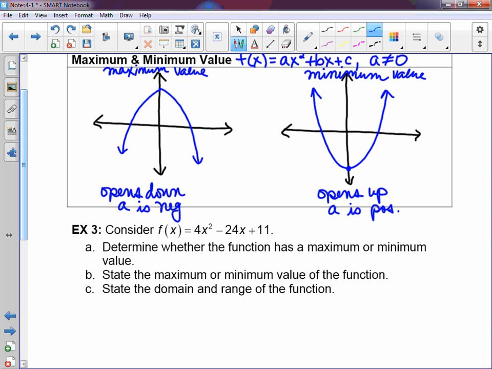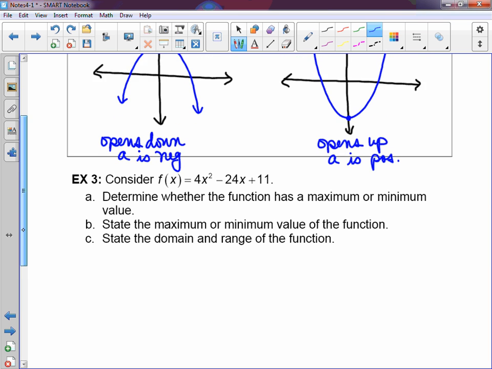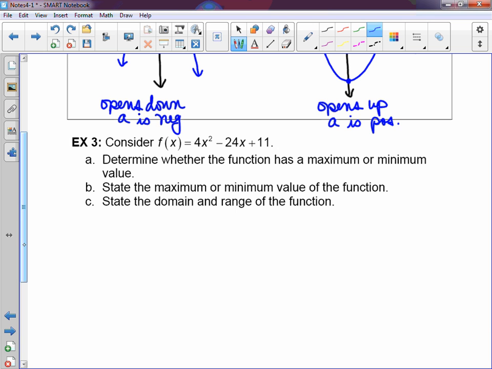Okay, so this one, let's just look at it. First of all, my quadratic function here, does this have a max or min value? Here's my A. So if A is positive, what was it?